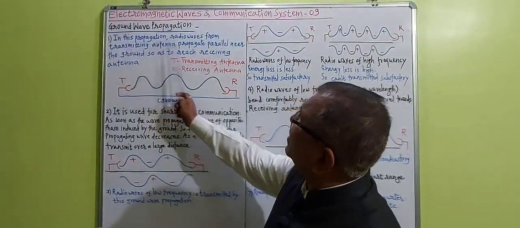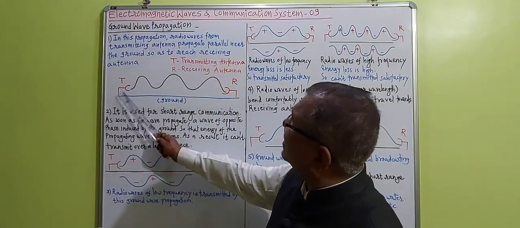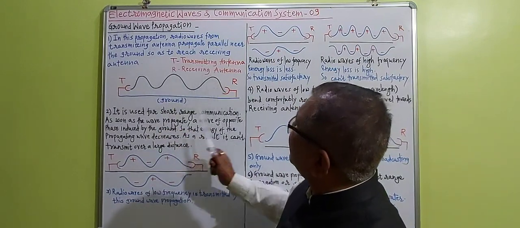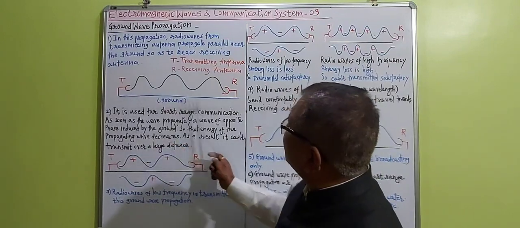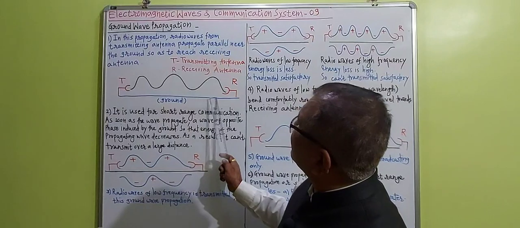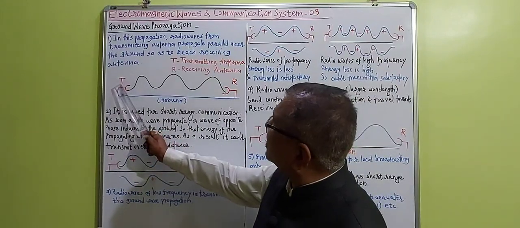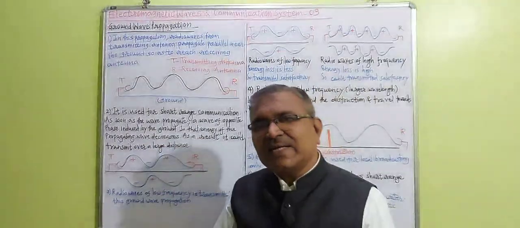In this propagation, radio waves from the transmitting antenna propagate parallel along the ground, along the surface of the earth, so as to reach the receiving antenna. T stands for transmitting antenna and R stands for receiving antenna.